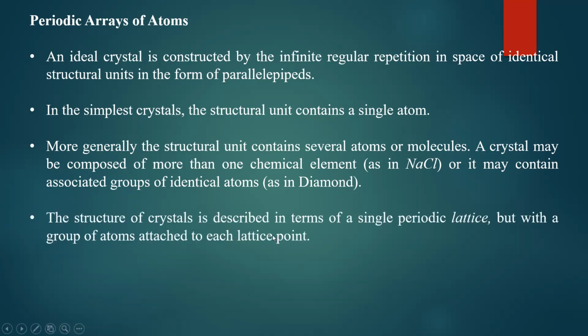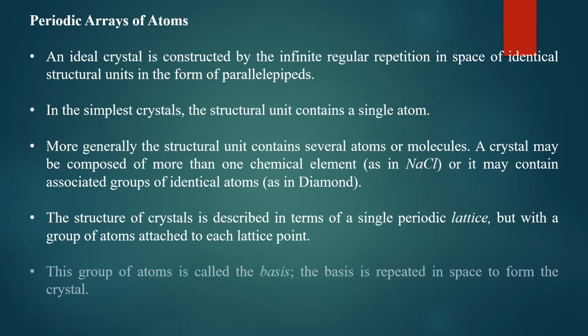The structure of the crystal is described in terms of a single periodic lattice, but with a group of atoms attached to each lattice point. What a lattice is, we will come to later. Basically, structure is formed by putting the atoms at lattice points. What a lattice point is, we will take later. This group of atoms is called the basis. NaCl is a basis.